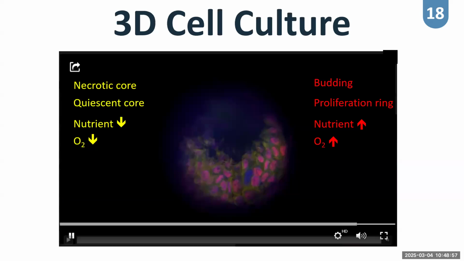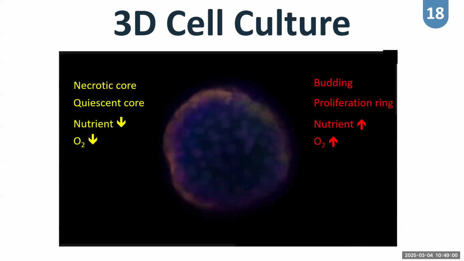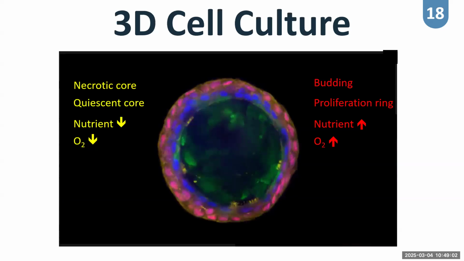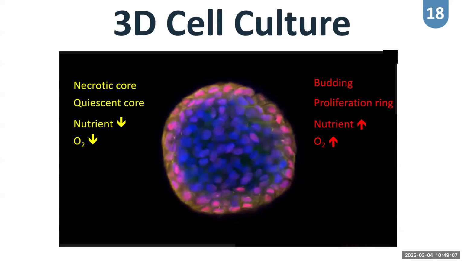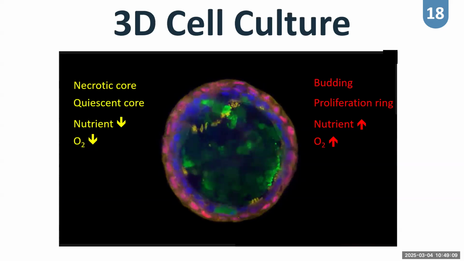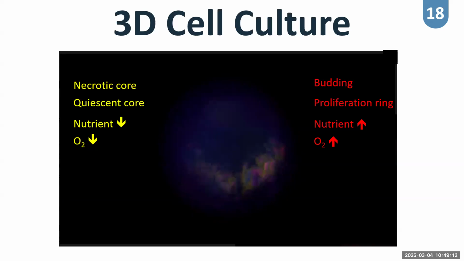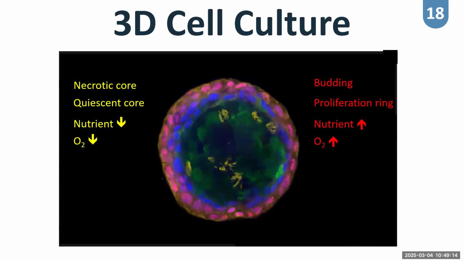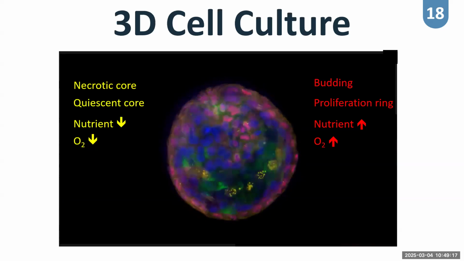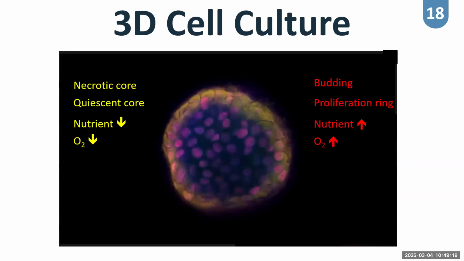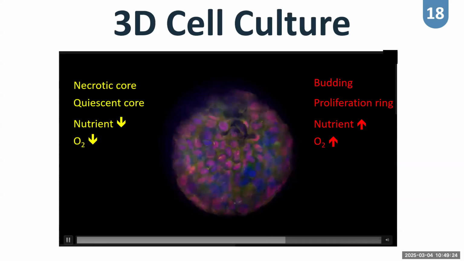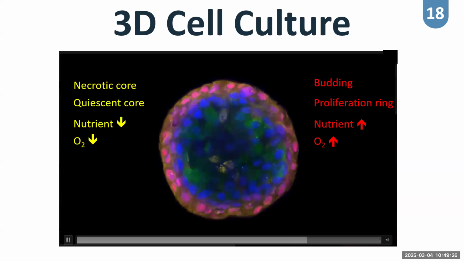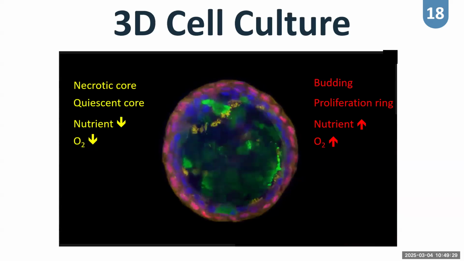Just to show you that in the 3D cell culture you can see a lot of layers of cells. Outside you have budding, a proliferation ring, nutrients, oxygen, and growth factors. But inside there is a necrotic core and quiescent core, with less oxygen and less nutrients. Just be concerned about that before you use the organoid to test.